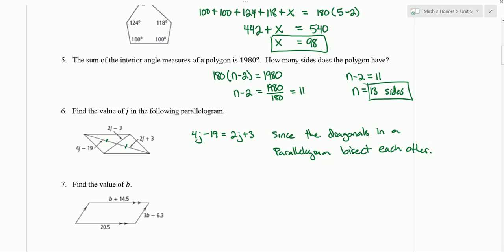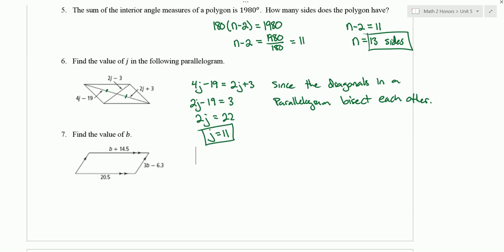So we can solve this: subtract 2j from both sides, add 19 to both sides, and divide by 2, and you get j is 11.